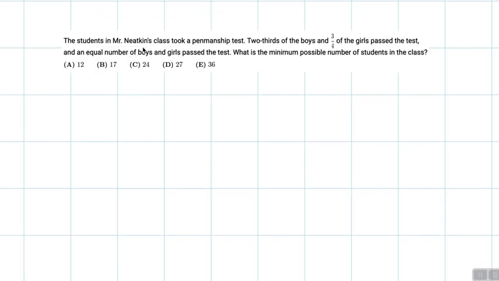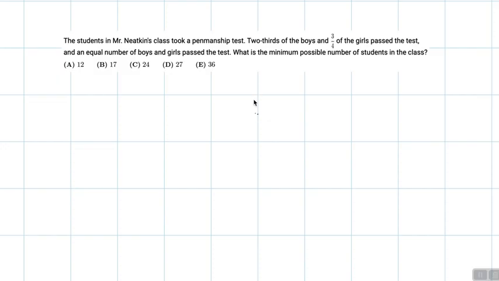The students in Mr. Neatkin's class took a penmanship test. 2/3 of the boys and 3/4 of the girls passed the test, and an equal number of boys and girls passed the test. What is the minimum possible number of students in the class? 2/3 of the boys.